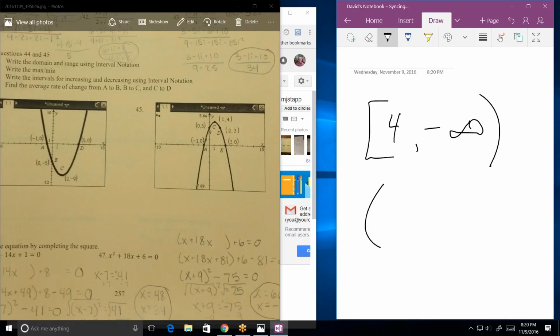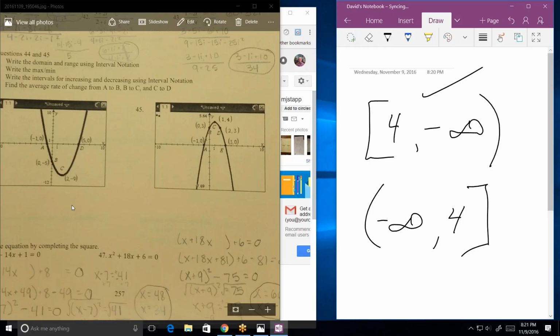I would prefer going from down to up. I don't know that it matters. You might get away with that and not lose any points on it. I'm not sure it matters, but I tend to write my interval notation from left to right and bottom to top. If I'm writing an interval notation for the x-axis, it's going to go left to right. If I'm writing it for the y-axis, it's going to go bottom to up.